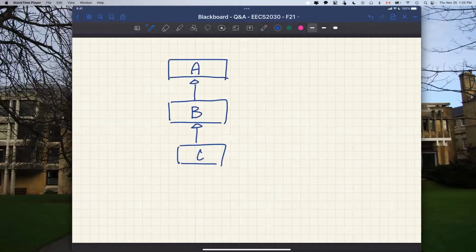Let's say we got some methods: method M1, method M2, and also method M3. Let's say there are no overridden methods. It's just that in A we newly declare M1, in B we newly declare M2, and in C we newly declare M3. You can always declare as many new methods as you like in the subclasses.